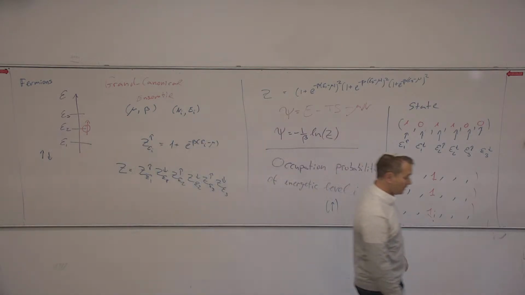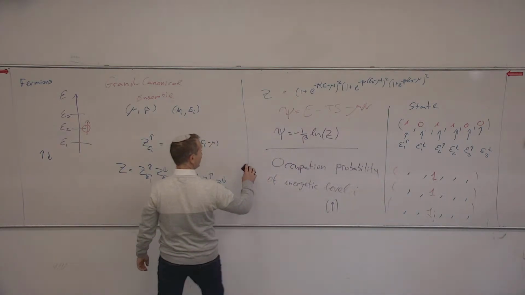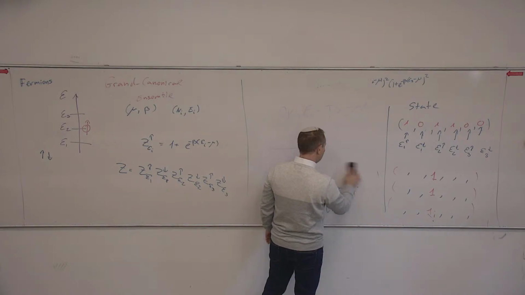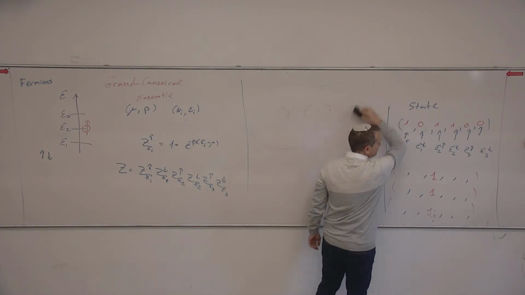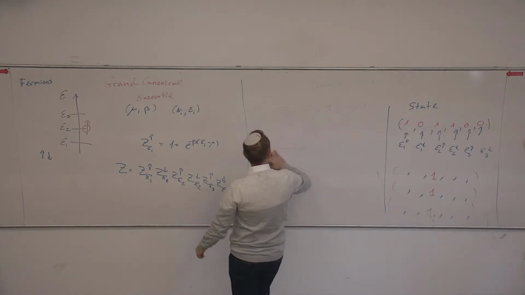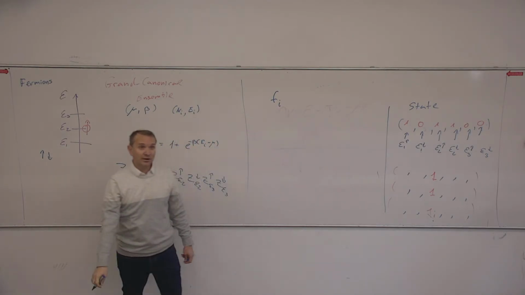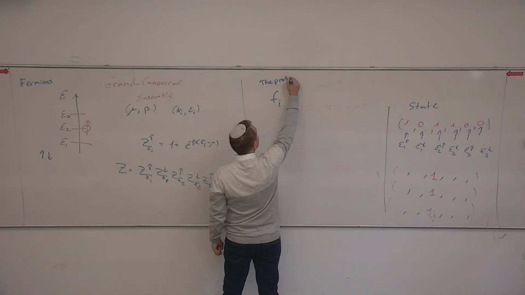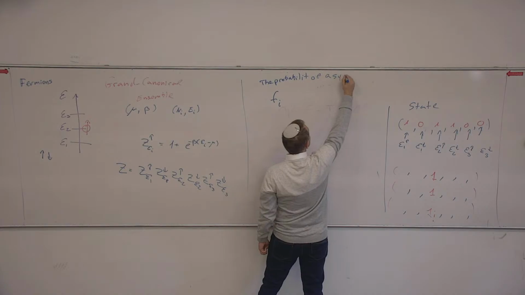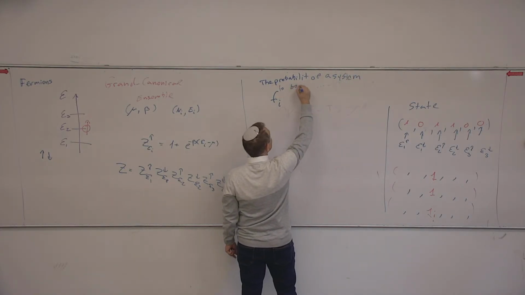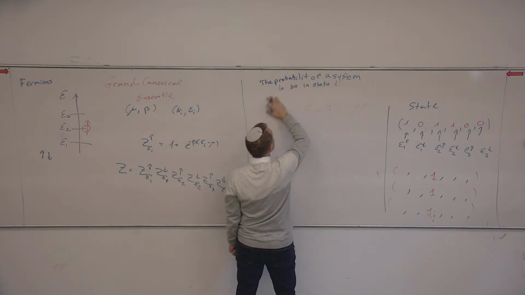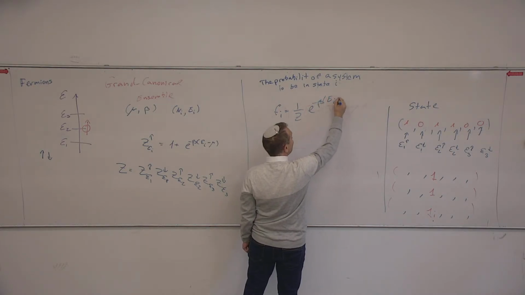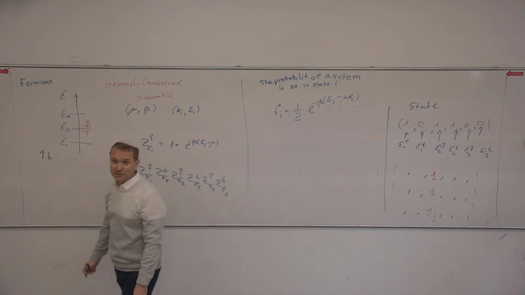If you remember, for a canonical or grand canonical ensemble, the probability of any given state, the probability of a system to be in state i, is phi i equals 1 over Z, e to the power minus beta times epsilon i minus mu n i. This is the probability.